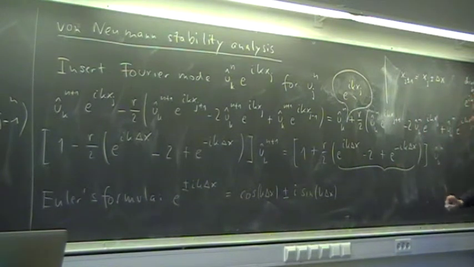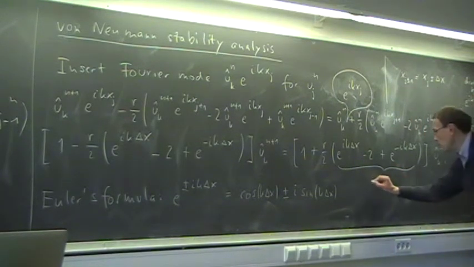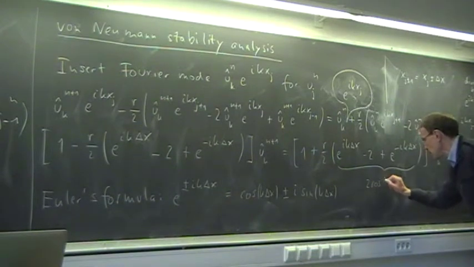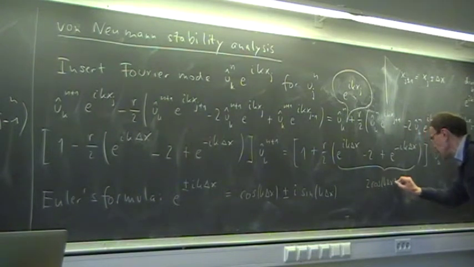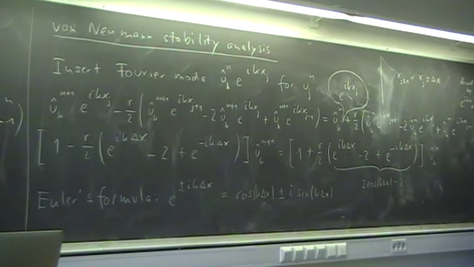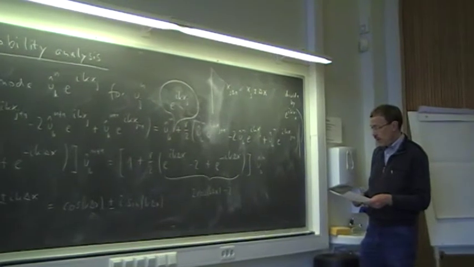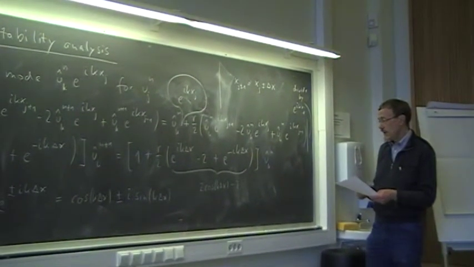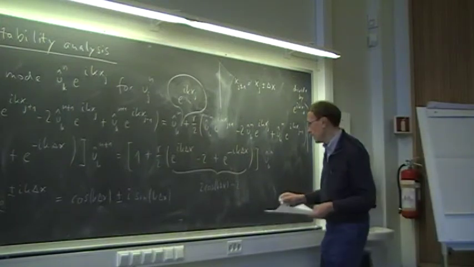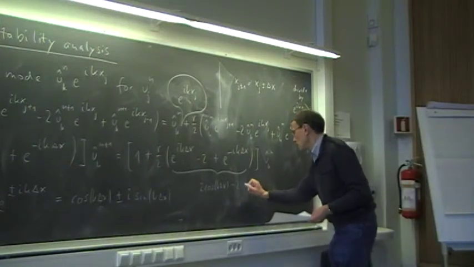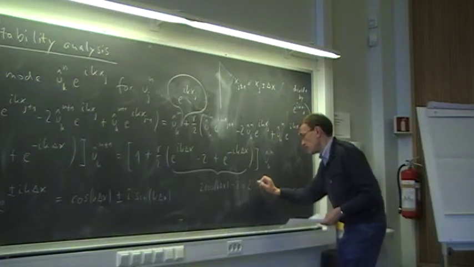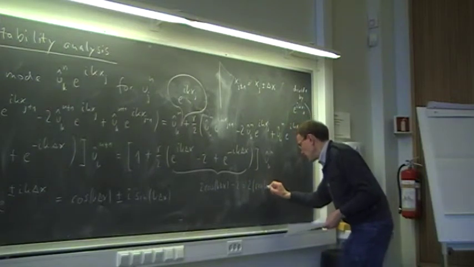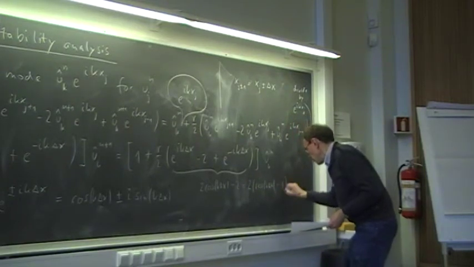So then what we get out of this here is 2 cosine of k delta x minus 2. And then we can factorize the 2, so that is 2 times (cosine k delta x minus 1).